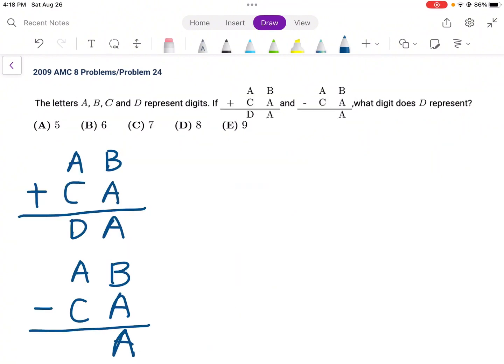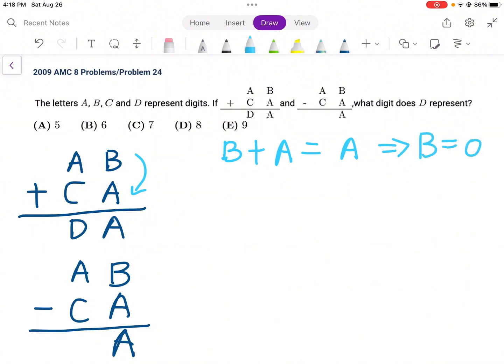Problem 24. From the first operation, we know that B plus A equals A. It can't be 1A because B is smaller than 10. So B plus A equals A, which means B equals 0.